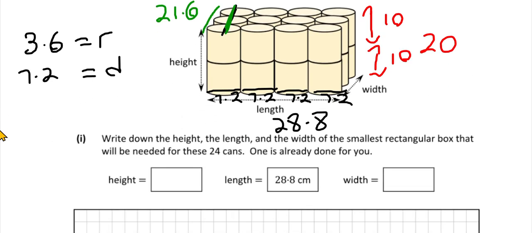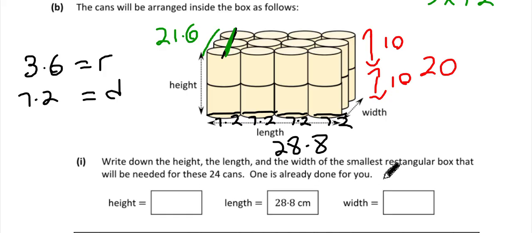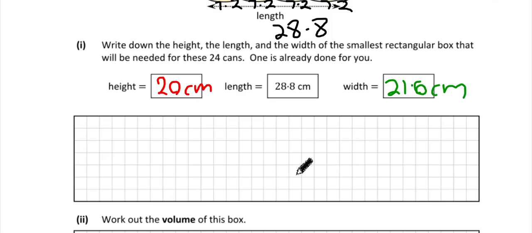Okay. Easy money, guys. Height is 20. 21.6 for the width. Volume of a box is length by width by height.